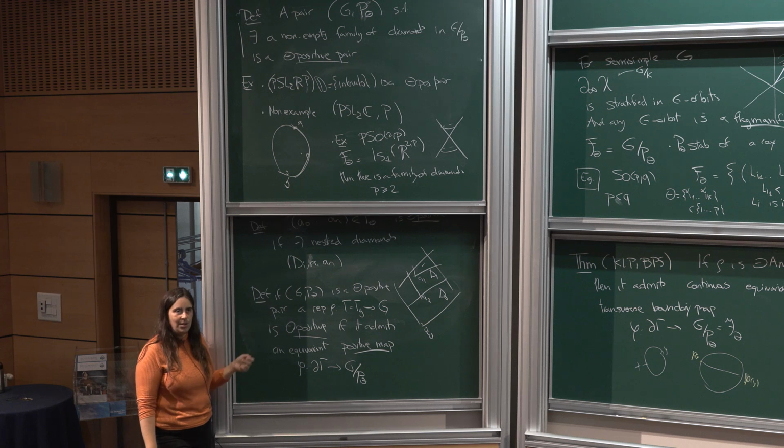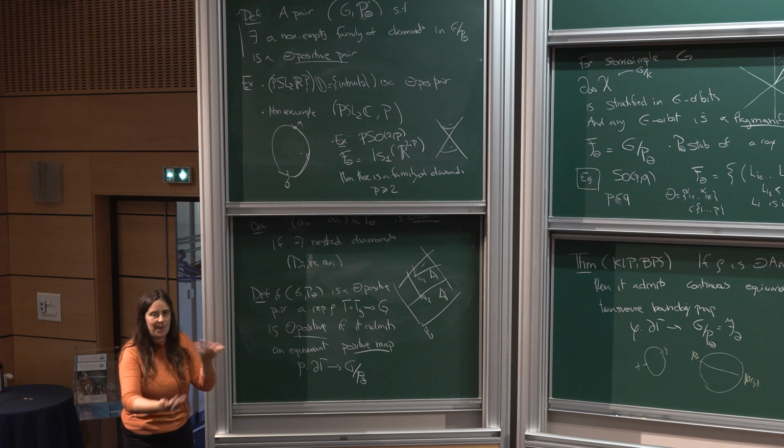Yeah, I can write it on the board tomorrow just before class, and we can comment on that. But is a product of groups admitting a theta positive pair again positive? Yeah. With respect to the product, everything splits.